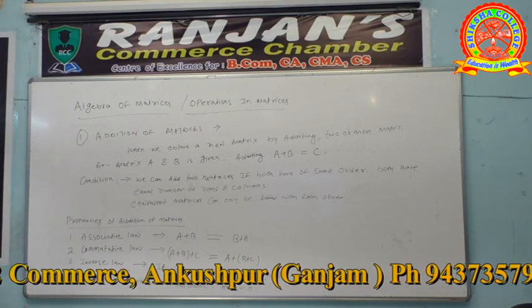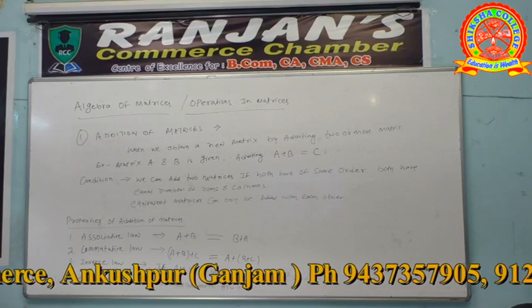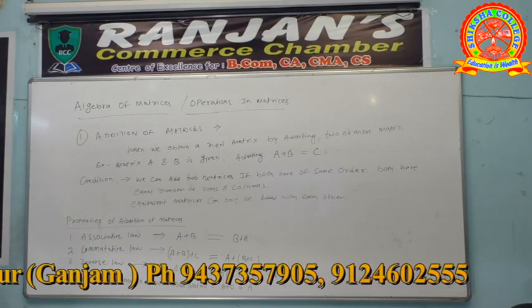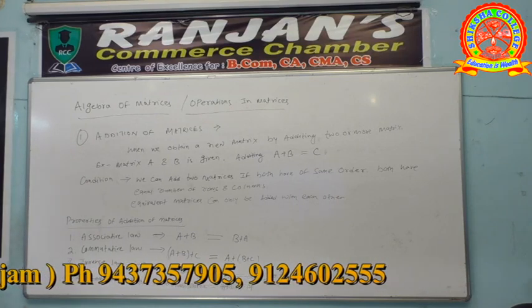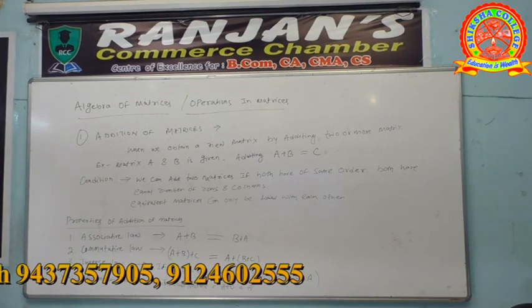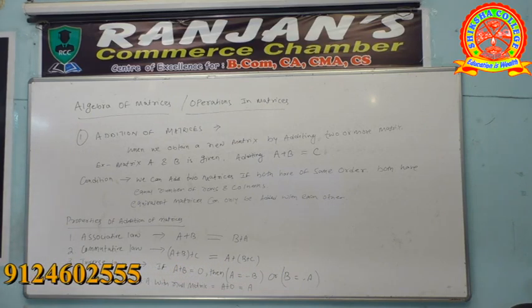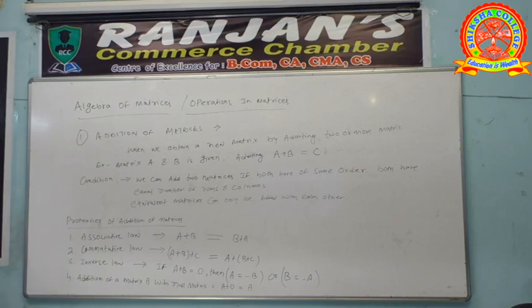That is subtraction. Subtraction is not different from addition. Like addition, subtraction is also the same. The condition is also the same. That is the simple algebra that we do.